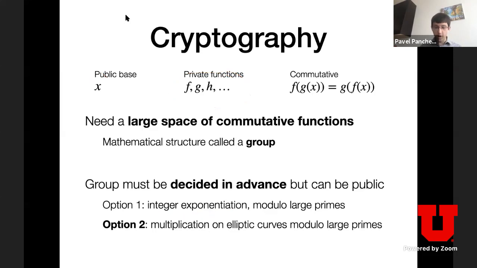So that's one option. That's also, of course, the sort of operations used in RSA, as mentioned by Skylar. And those are the more traditional implementation. But these days, the option that's becoming more popular for a variety of reasons is what is called multiplication on elliptic curves modulo large primes.